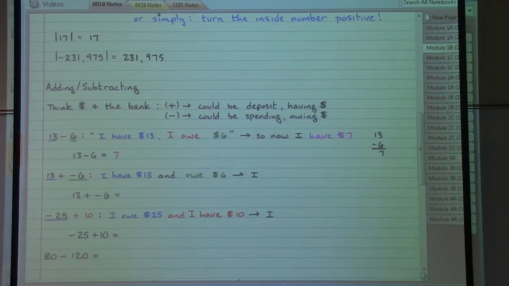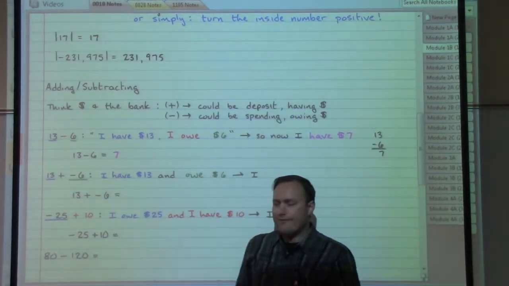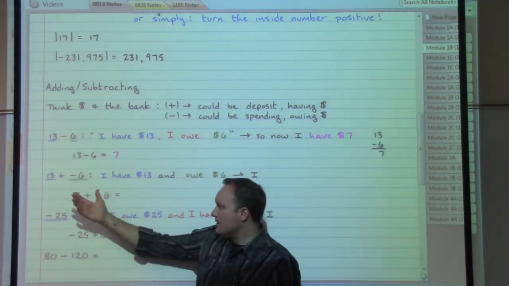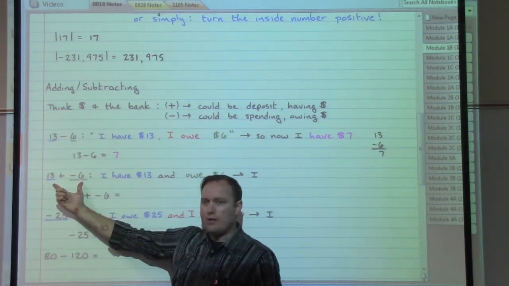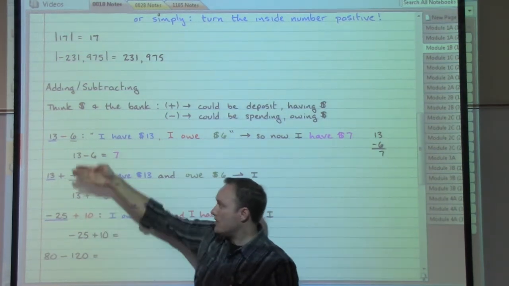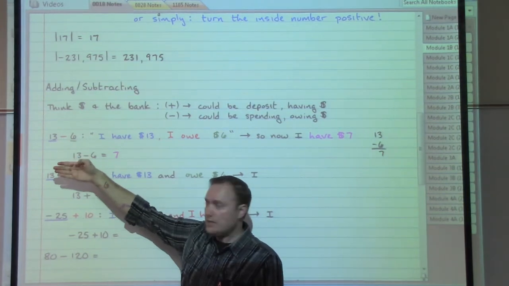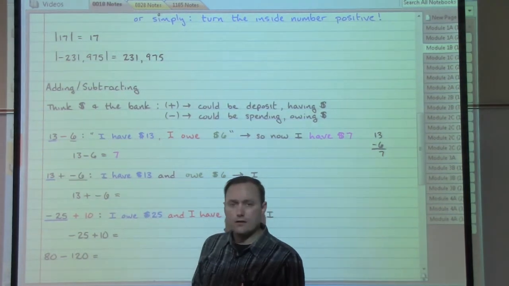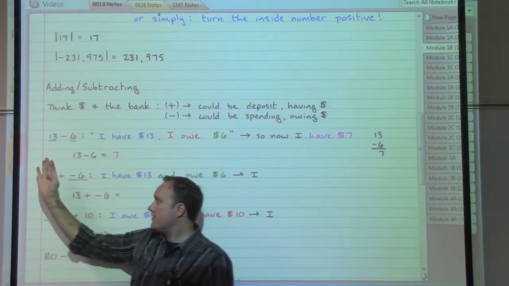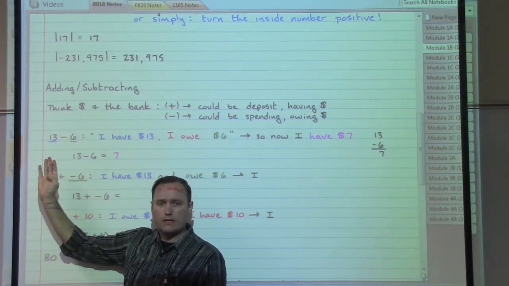When we look at the next example, again, we use that very direct sort of idea of figuring out what the money version of this math problem is. Mathematically, 13 plus negative 6. Well, let me go ahead and just look at things. Start out with the first number that I see, which is 13. 13 is positive, so I have $13. I go ahead and cover up the 13, and the plus isn't doing anything for me.